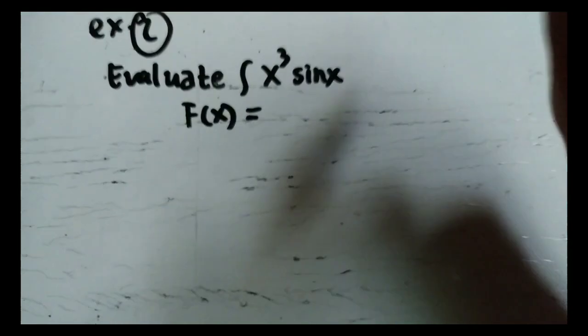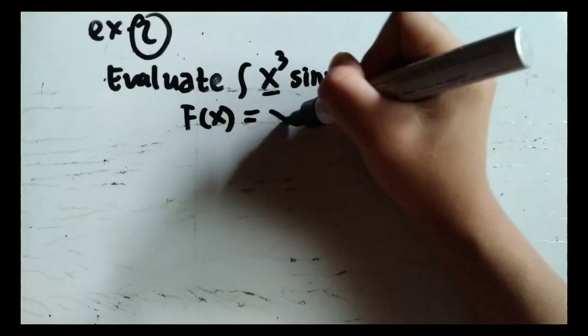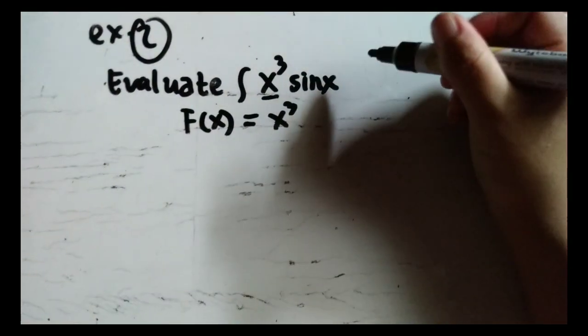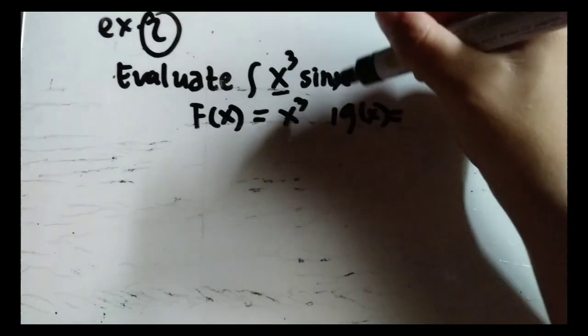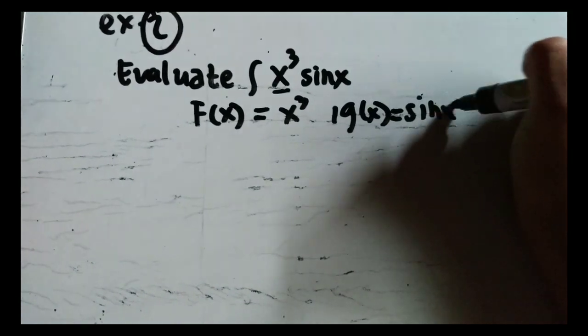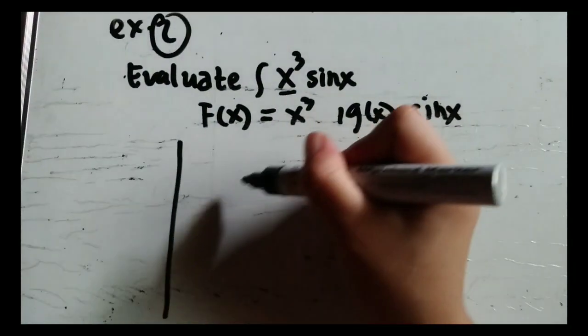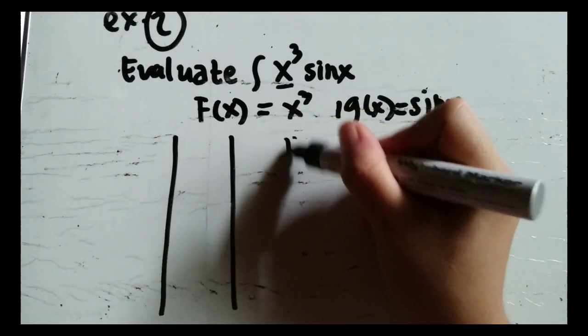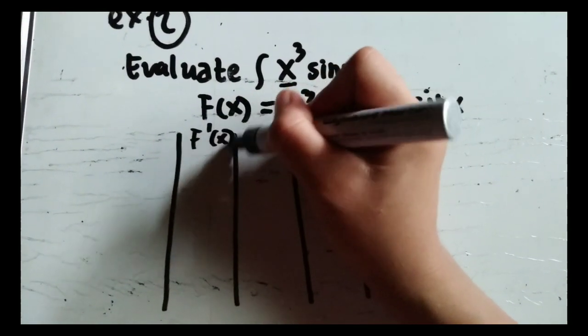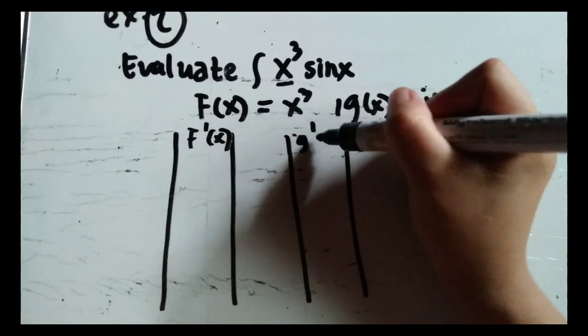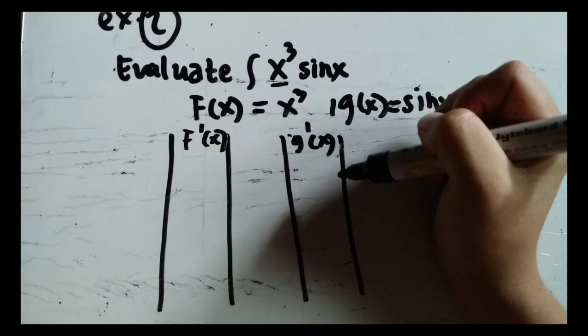The f of x is the first term, which is x cubed. Then our g of x is the second term, which is sine x. Then using the tabular method, this is f of x, derivative, this is the antiderivative or g of x, then sign.